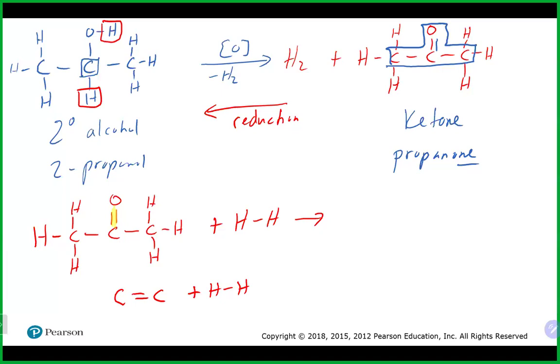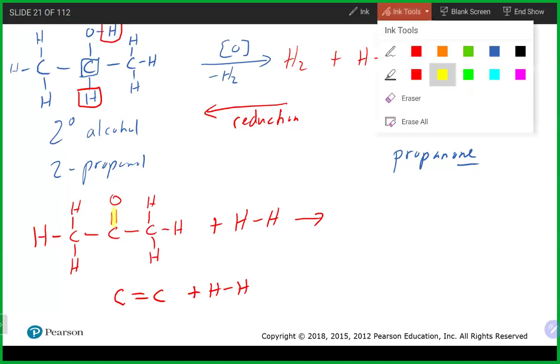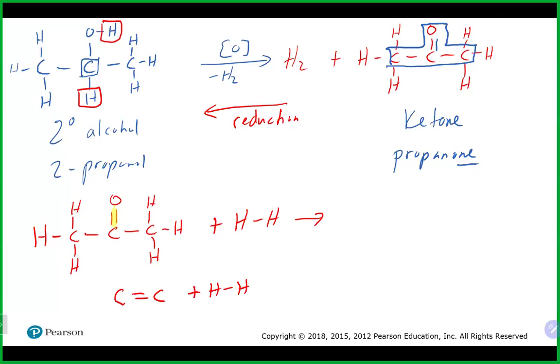So let's see what happens here. You want to draw it the same way as we did previously. So I could pretty much copy this identically to what's there, except here we are going to make our guy into a single bond. Everything else is going to be the same. It's basically the opposite reaction.